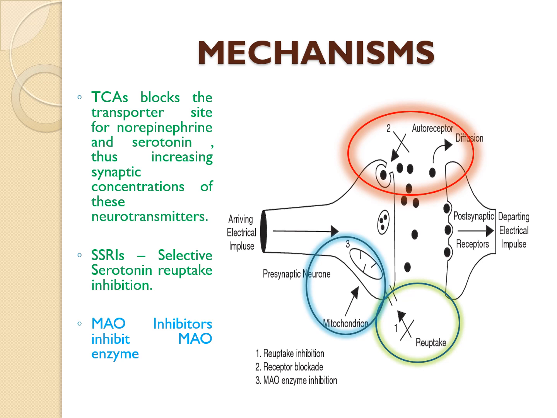Now look at the mechanism. The tricyclic antidepressants block the transporter site for norepinephrine and serotonin both, while SSRIs selectively block the serotonin reuptake at site 1, which you can see in the green circle. And MAO inhibitors inhibit the enzyme in the presynapse in the mitochondrion.